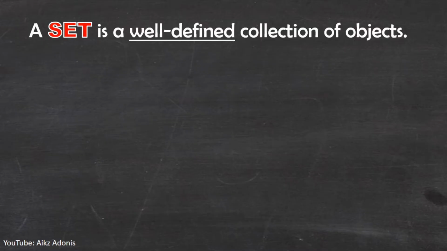Let's say a set of cute students. This set is not well defined because we have different perspectives of cute. Someone may be cute for me but not cute for you, or not cute for me but looks cute for you. A set that is well defined has no different perspectives.